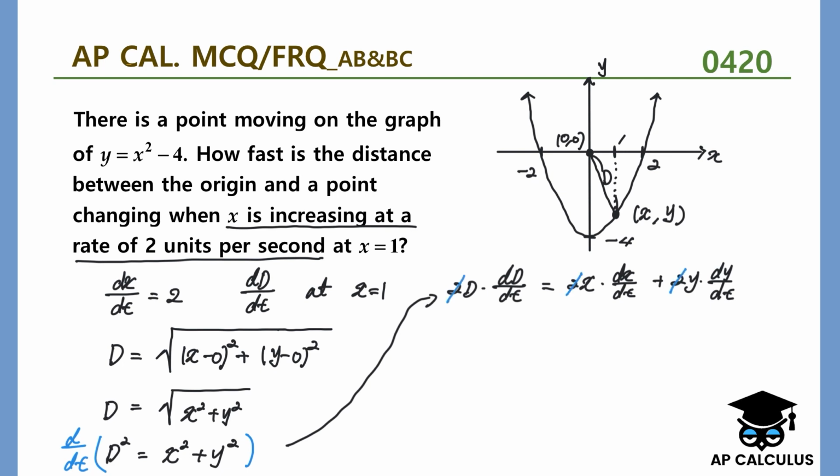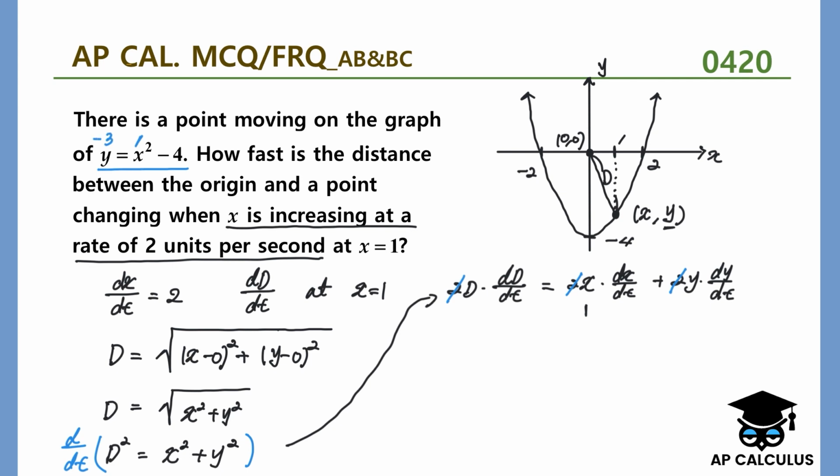Okay, when x is equal to 1, what is the value of y? Here, y is x squared minus 4, right? So when x is equal to 1, 1 squared minus 4, y must be -3, right?